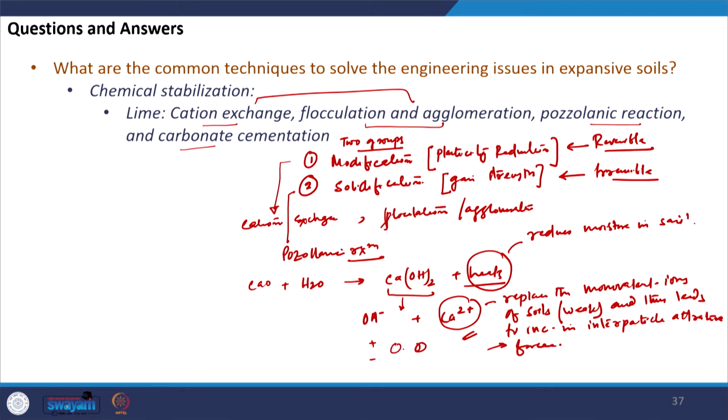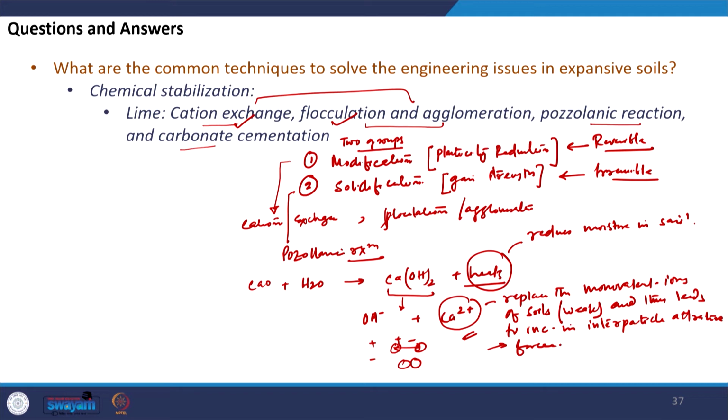So, instead of getting attracted to water molecule, the new positive part will get attracted to the surface of the soil particles, and they will try to come close to each other, and this will facilitate flocculation in the soil and reduction in the double diffused layer. Okay. And this entire process, where there is cation exchange and flocculation and agglomeration, reduces the plasticity, and this also reduces the swelling characteristic.